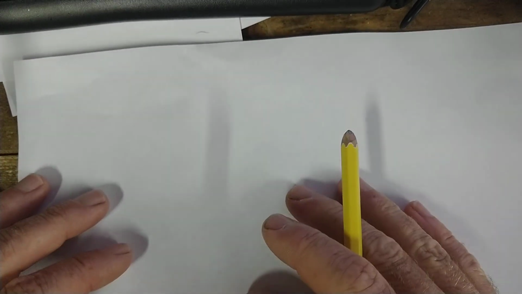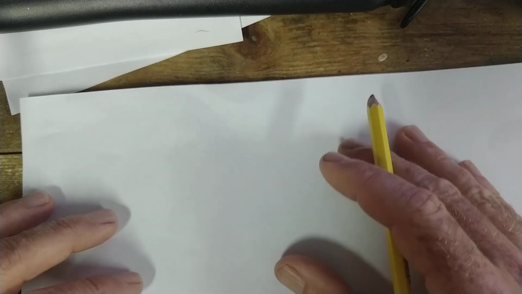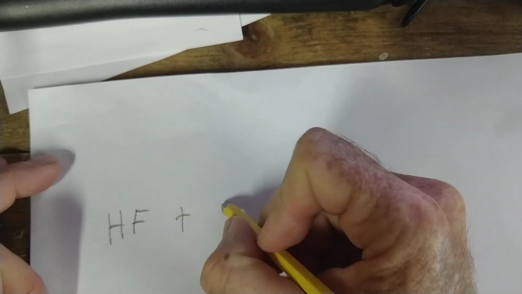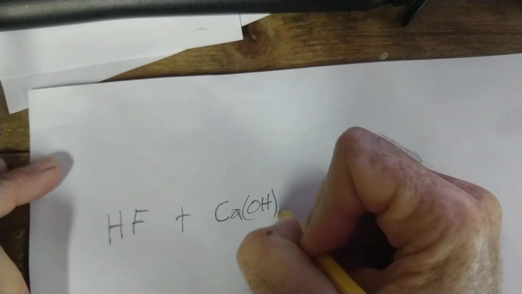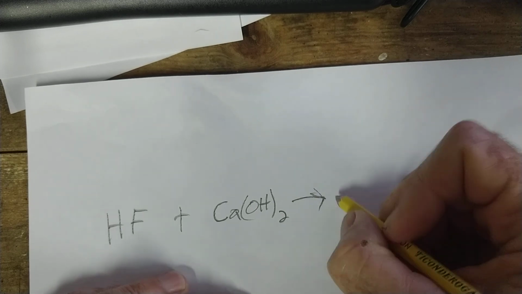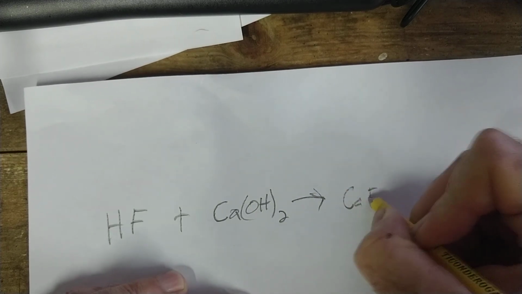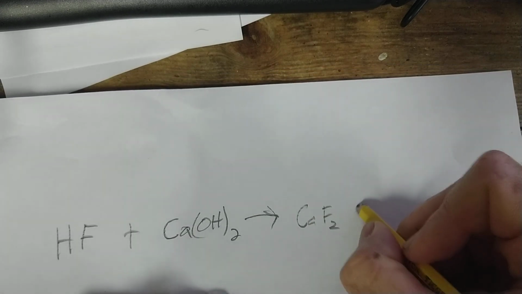Now, neutralization reactions don't have to be that simple. They don't have to be hydrochloric acid and sodium hydroxide. We could do hydrofluoric acid and calcium hydroxide. Okay, we mix those two perfectly, right? We can end up with calcium fluoride, which is a salt.